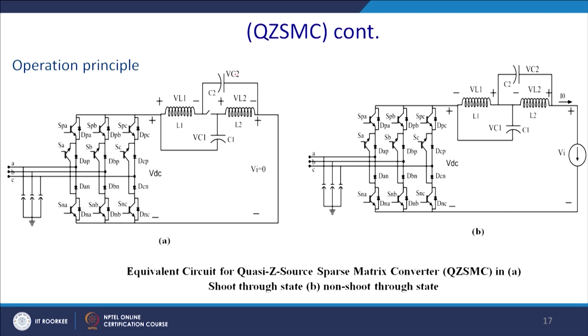Vc1 and Vc2 will add up to this DC link voltage, and you will get the extra DC link voltage to be converted into the extra AC side line voltages. This is basically the shoot through stage, and this is the non shoot through stage. We will consider that one CSI is connected.